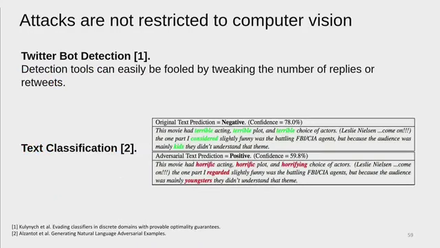Attackers are not restricted to computer vision, right? So it's not just images, it's also text. For example, for text classification, by only changing a few words, you can go from a model thinking that it's a negative tweet to a positive tweet, for example, for bot detection or whatnot.